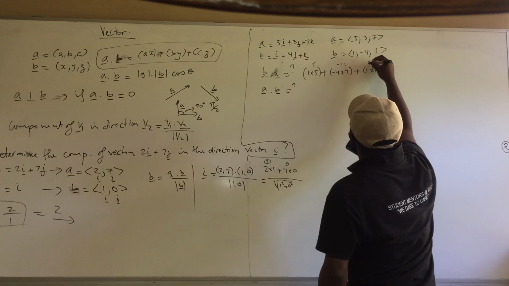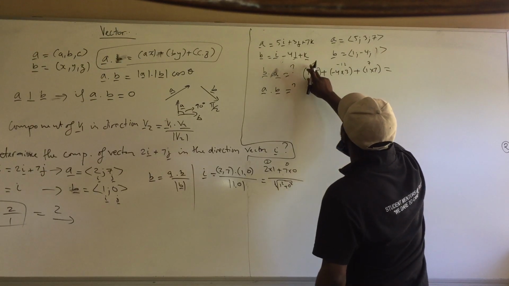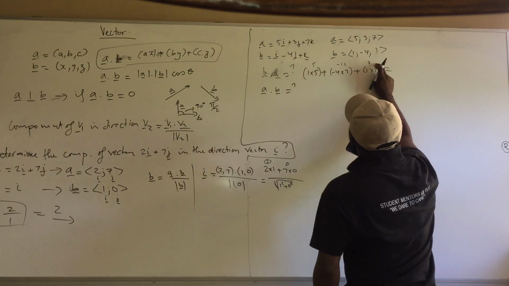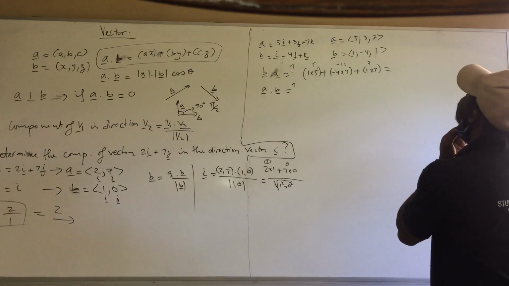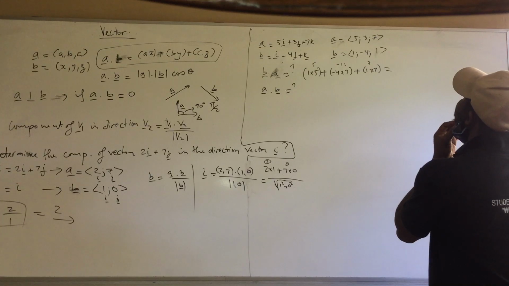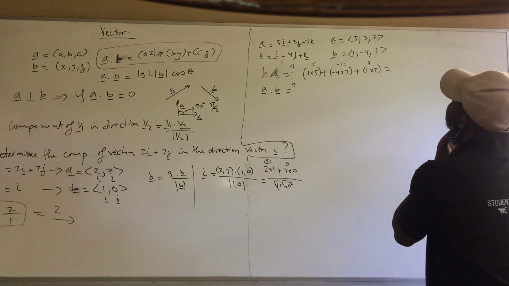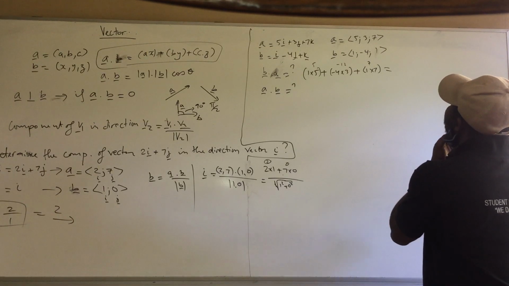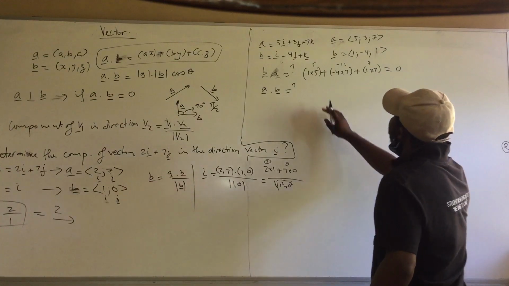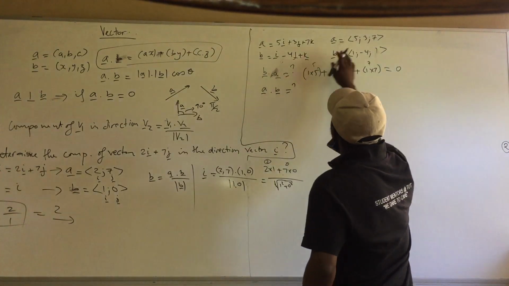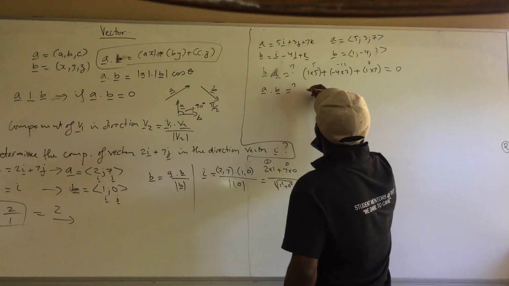This one will give you 7. So I'm having 5 plus 7 minus 12, which is 0 actually. Which is 0, alright?